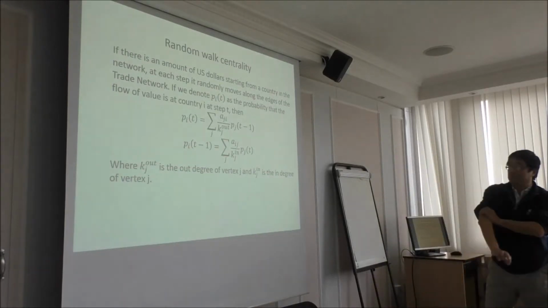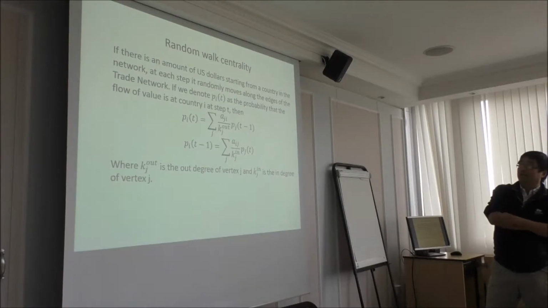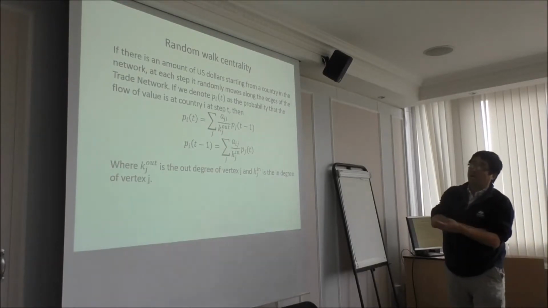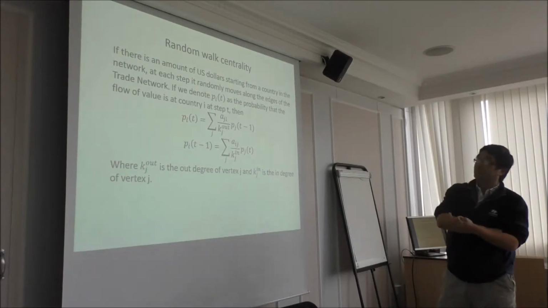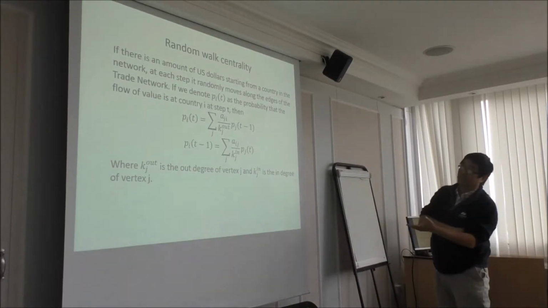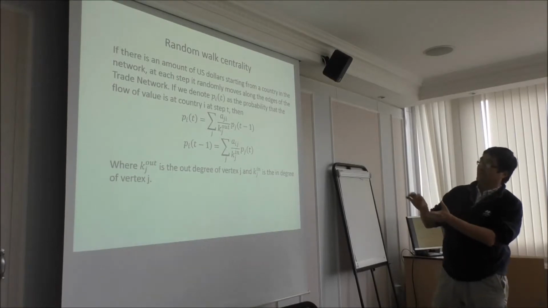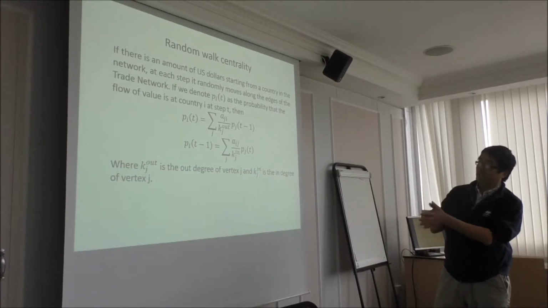Then you have random walk centrality, which is slightly less intuitive than the degree and eigenvector. This is based on game theory: an amount of US dollars starts from a country in the network, and at each step it randomly moves along the edges of the trade network.